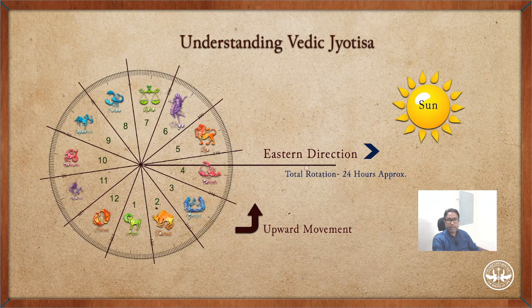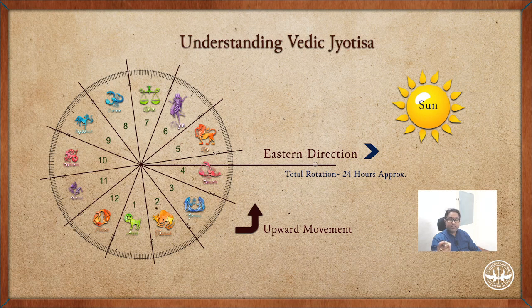In our country, in Vedic astrology, the eastern direction is considered very important because the sun rises in the east. Even the Ahoratra, the time from one sunrise to another sunrise, is important because we consider the 24 hours from the time when the sun's divine light falls on earth.